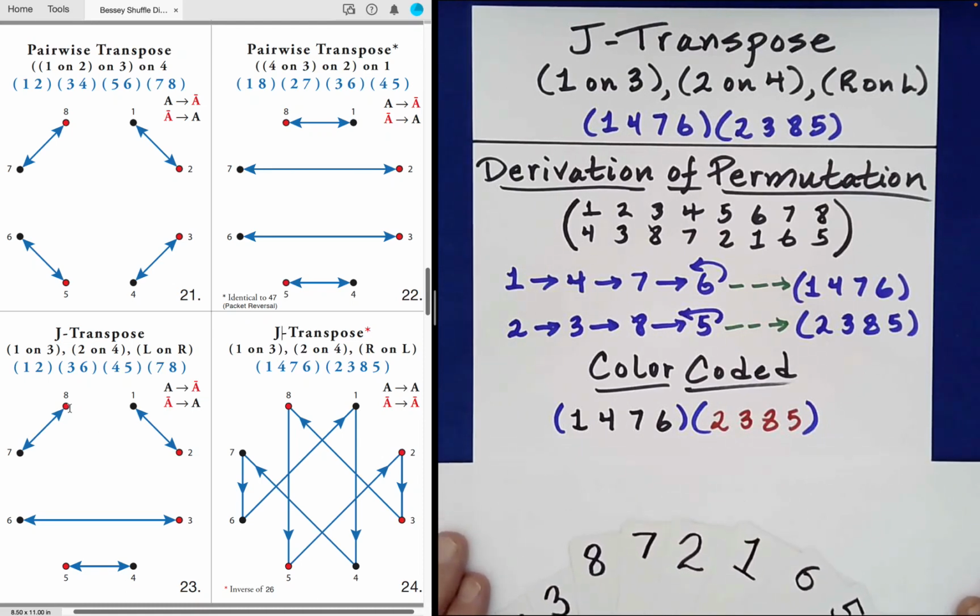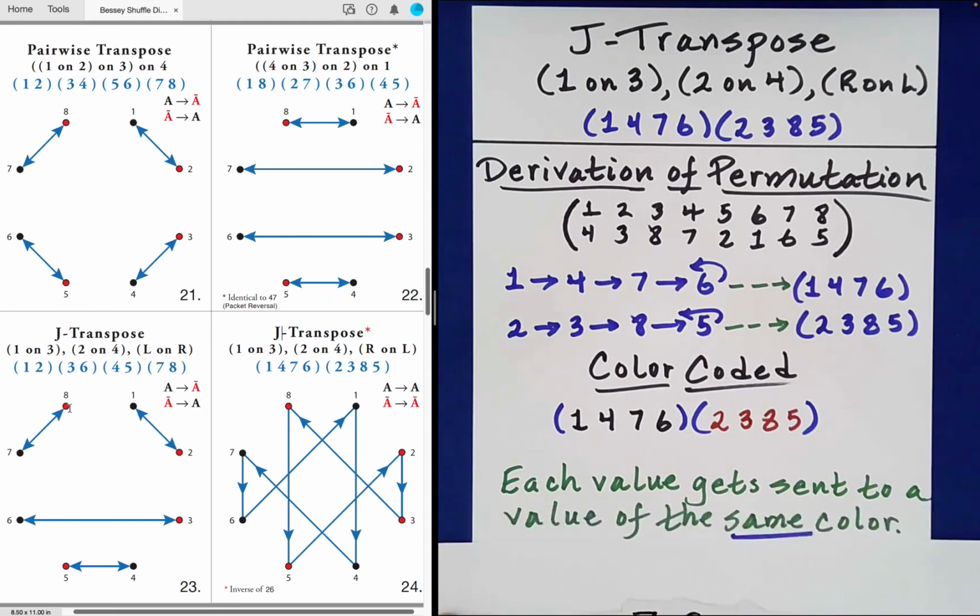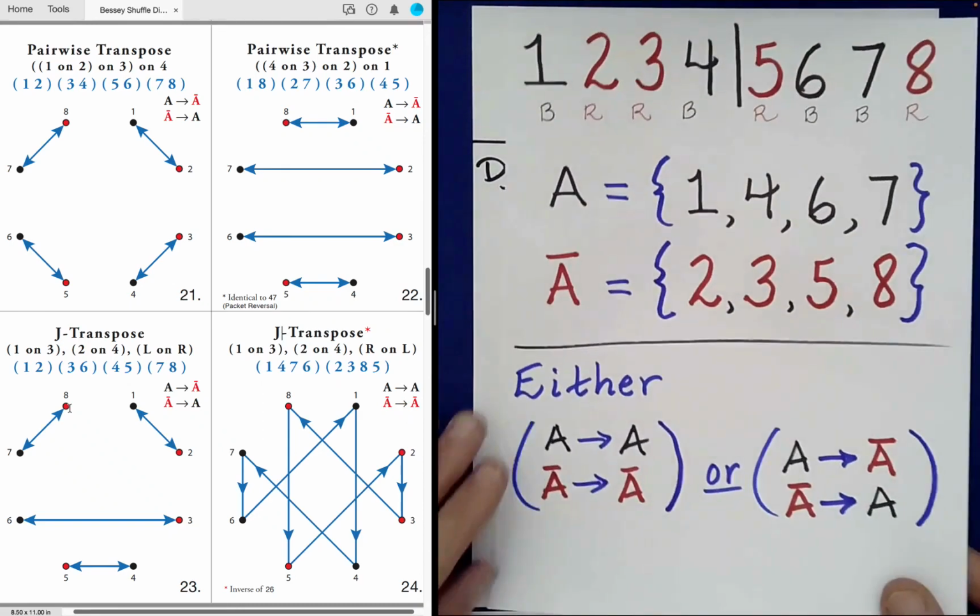And so we see that the following has occurred. Each value gets sent to a value of the same color. And when that happens, inversion does not occur. Instead, we say that there's been a preservation of these sets of position values.